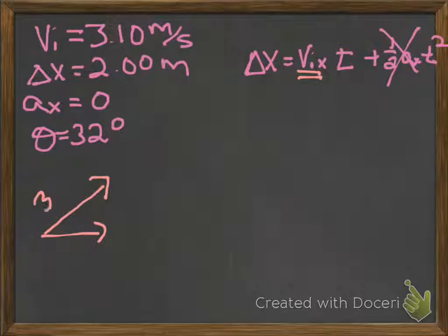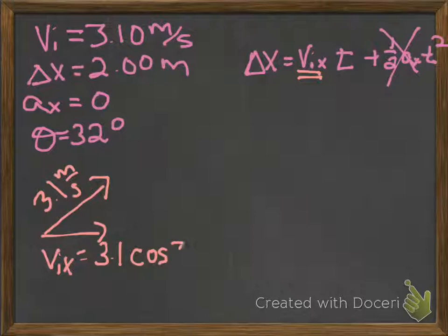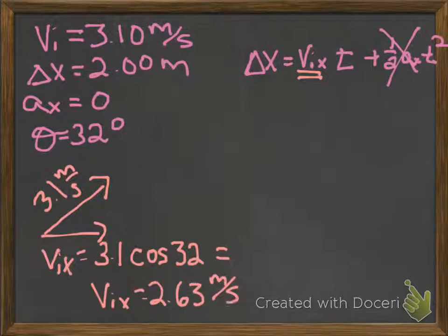If the initial velocity is 3.1 meters per second, our vix is going to be 3.1 cosine of our angle, which is 32. Putting this in your calculator, you get a vix of 2.63 meters per second.